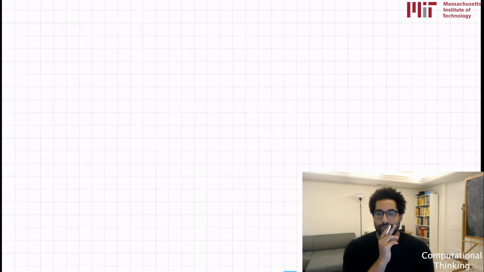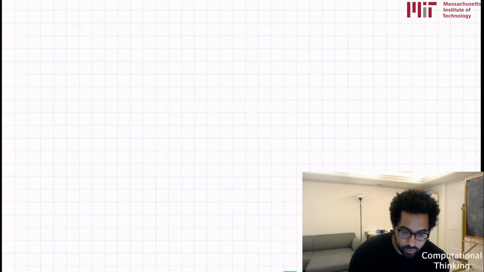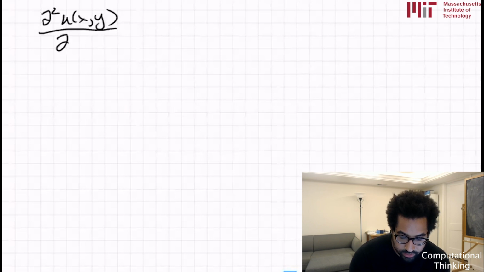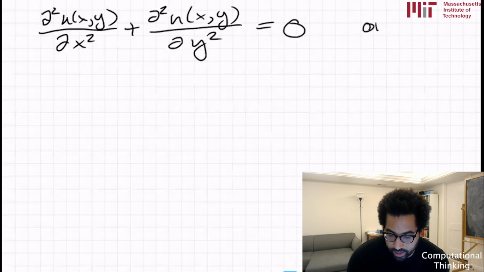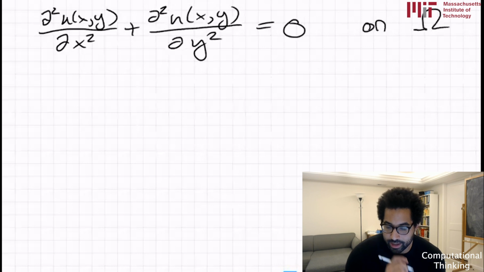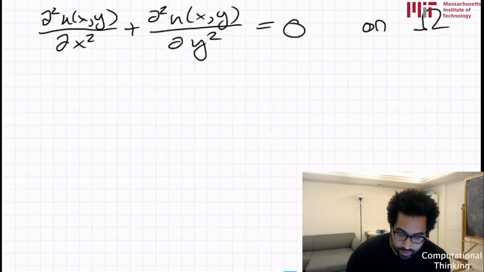So the idea for our problem is we want to solve the equation second derivative of some function u, which depends on x and y, with respect to x, plus the second derivative for u with respect to y. Well, we want this to be 0 on some domain, which I'll just denote by omega. And then we're going to want our function u to be fixed on the boundary.